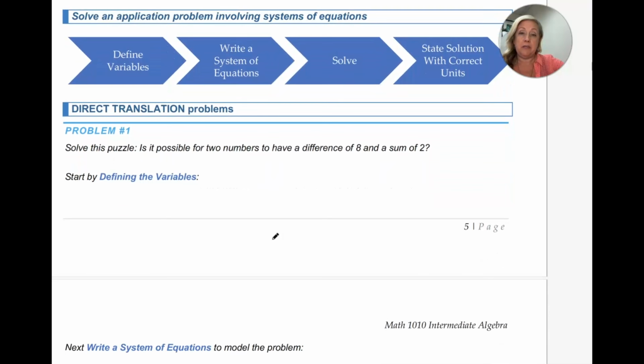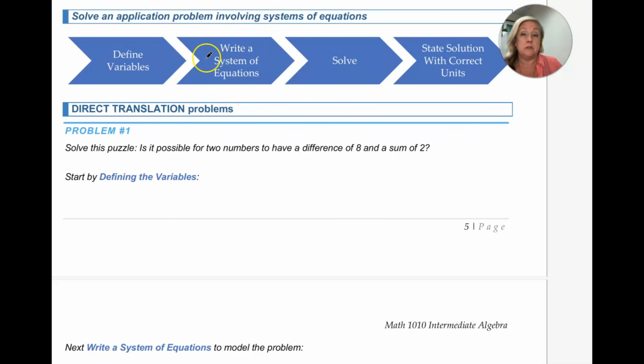So I'm looking at how to go about setting up and solving an application problem involving systems of equations. We first always want to define our variables, right? You'll have two different variables because remember, we're trying to make a system of equations in two variables. So we want to define what each of those variables stand for.